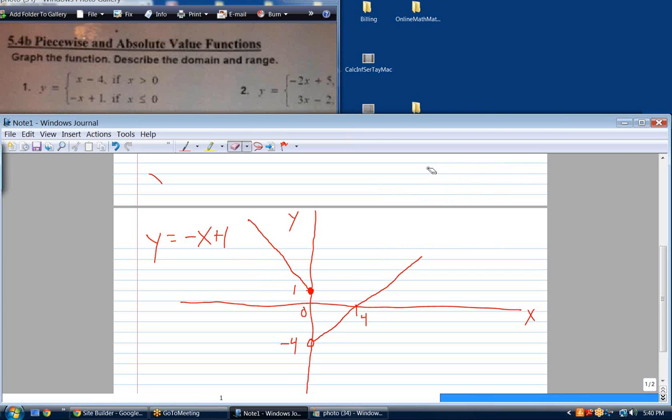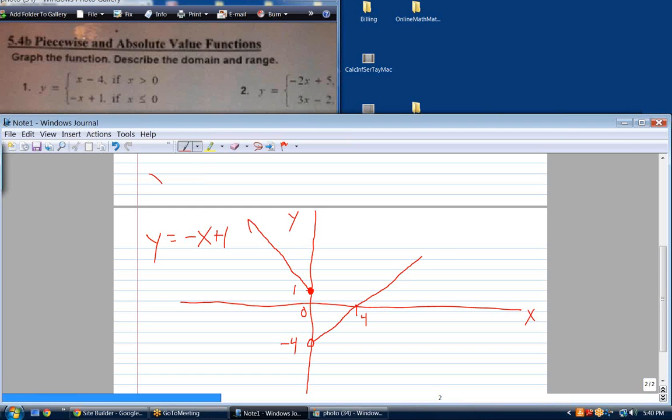Now, it wants the domain and range of this function. And this, incidentally, goes all the way. What's the domain of the function? Which one?